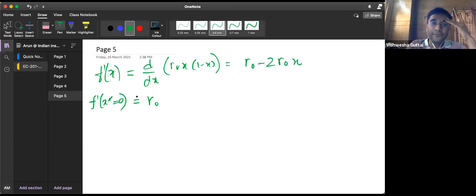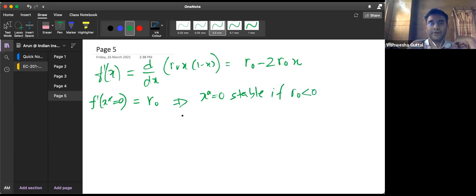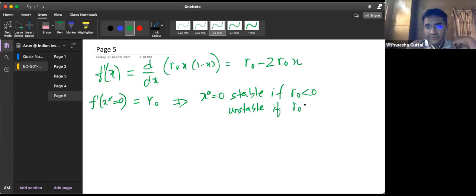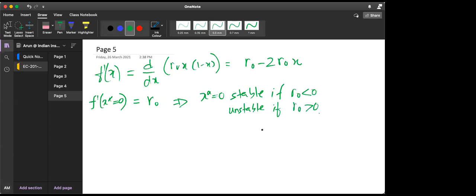So now the equilibrium x star equal to 0 is stable if its per capita growth rate is negative, and it's unstable if R0 is positive.